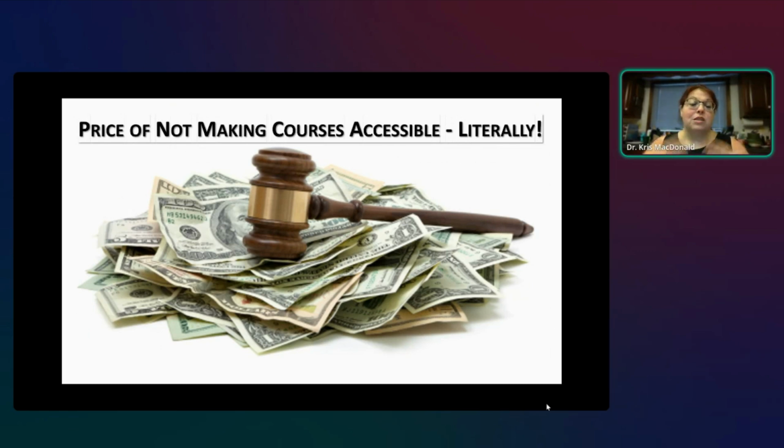And once I started showing my faculty this, they were like, oh, okay, they were super interested in making things accessible. Because if you don't give them a why and a consequence, typically you don't get a lot of buy in, in my experience.